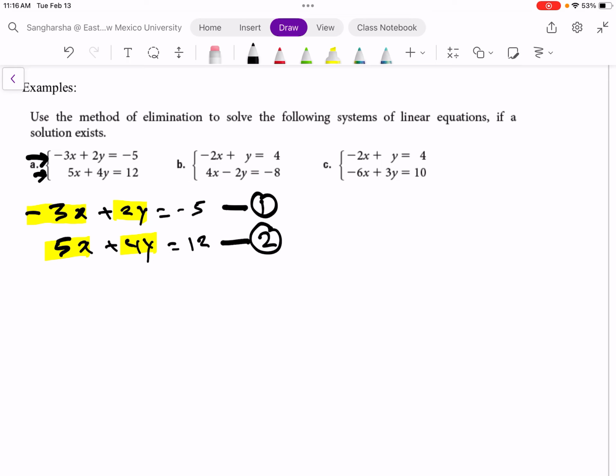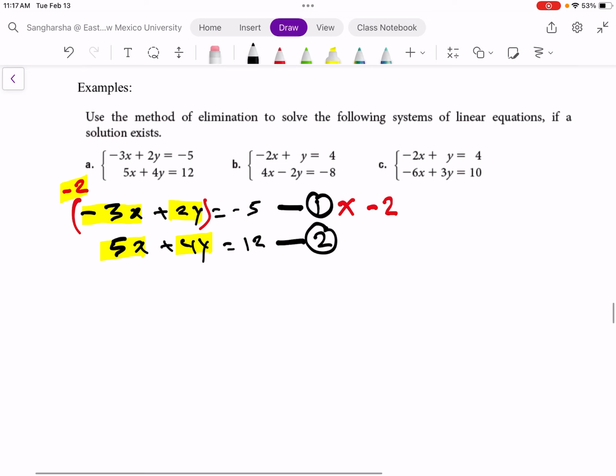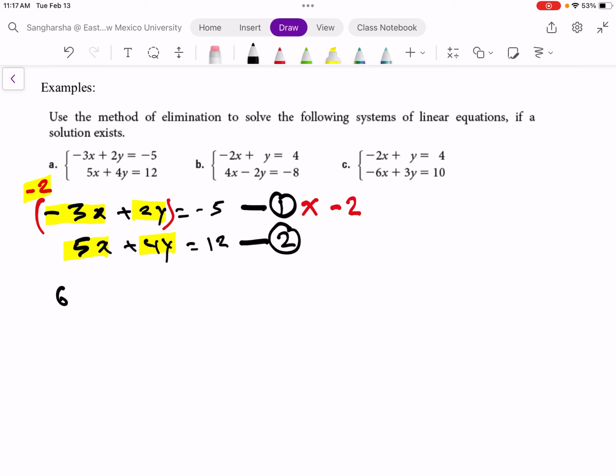Make sure you multiply both sides by negative 2. So we have negative 2 times negative 3x, that is positive 6x. Make sure you multiply each term.